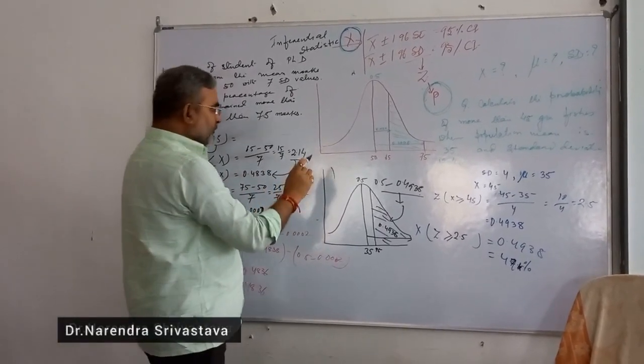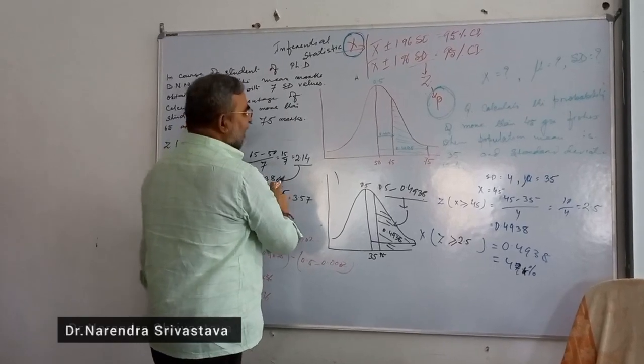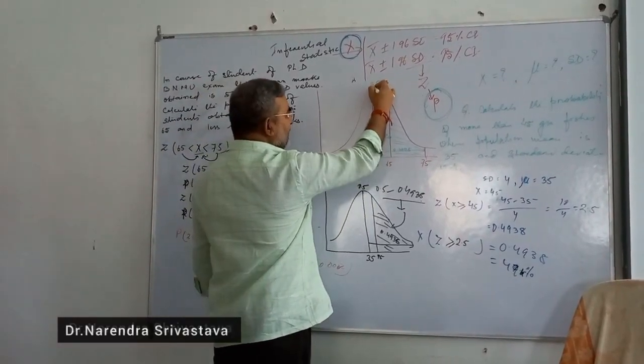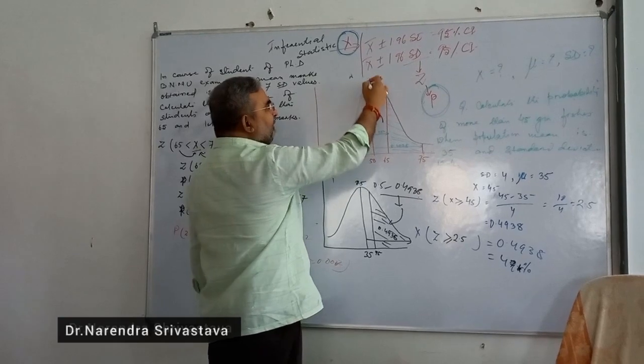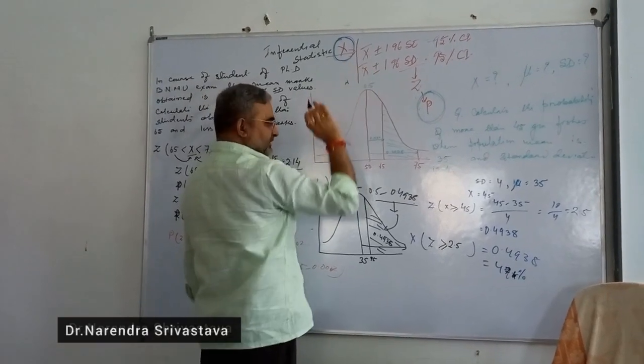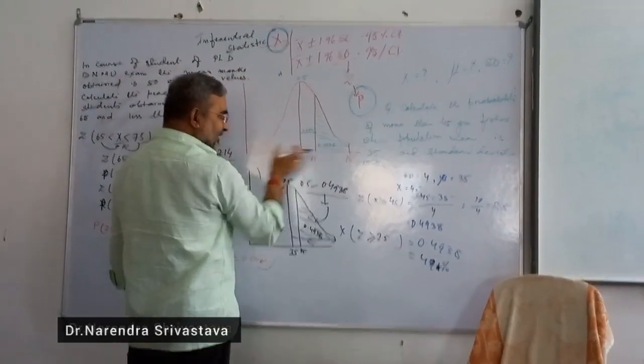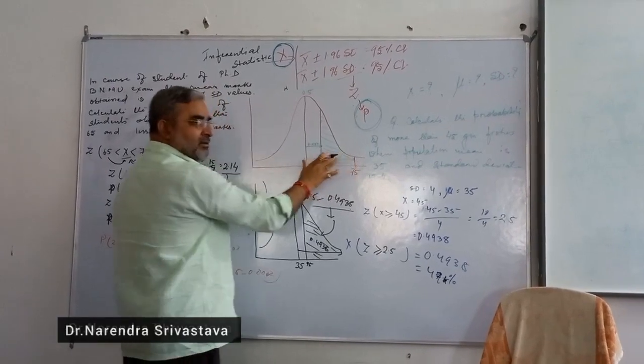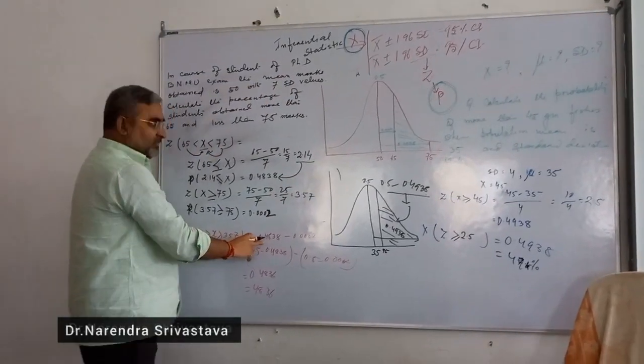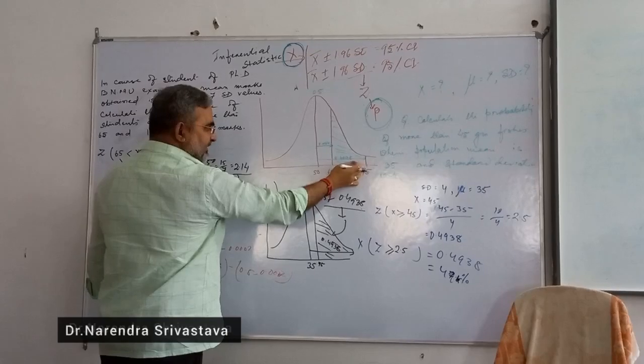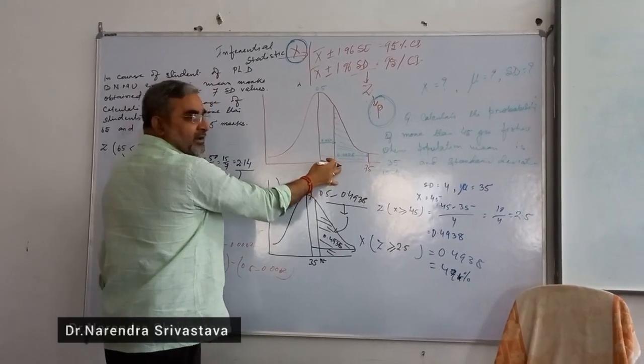That means 0.4838 is the distance from the mean value, which is represented by 0.5. That means this value is subtracted to obtain the value from here to here.